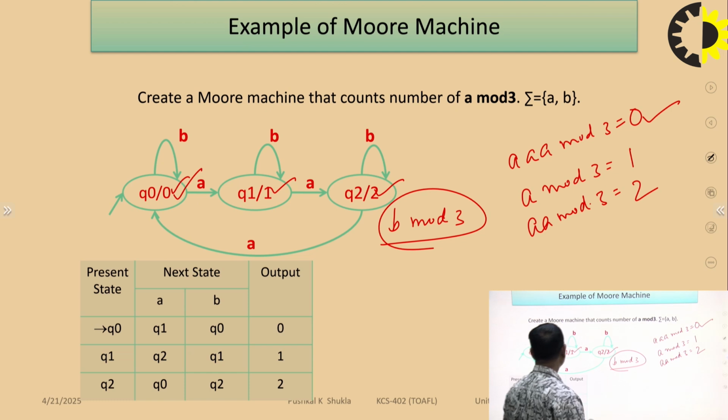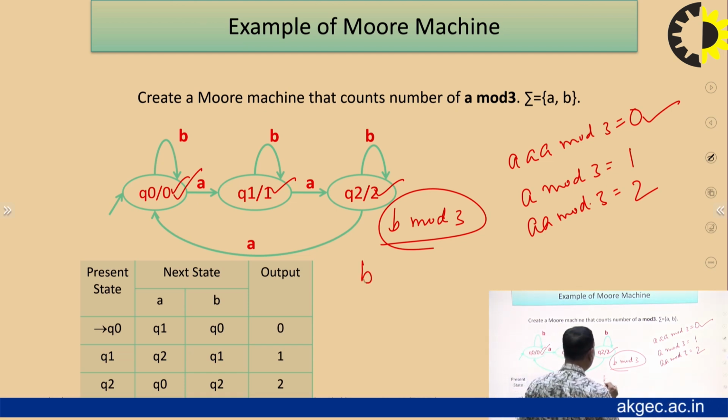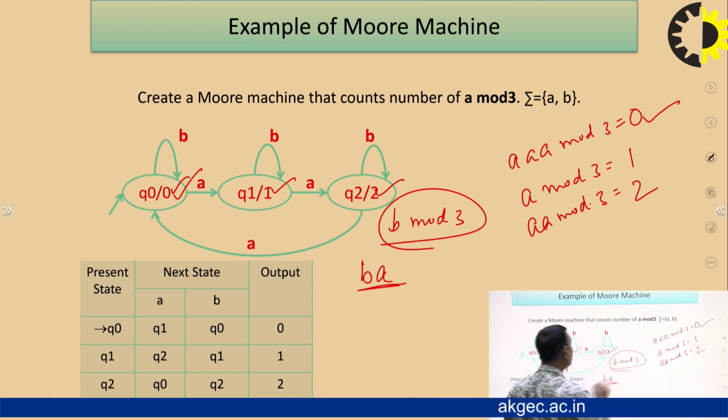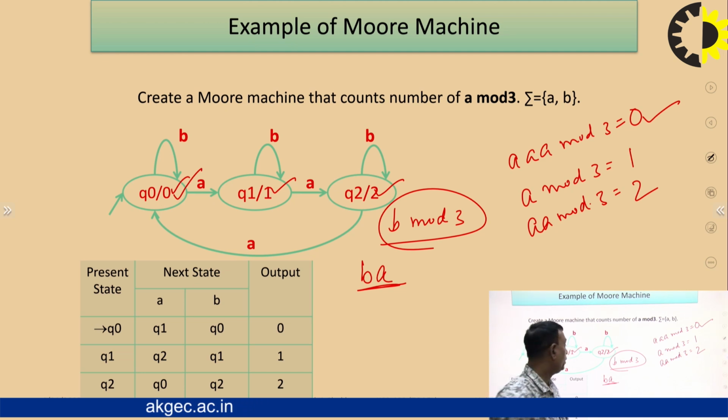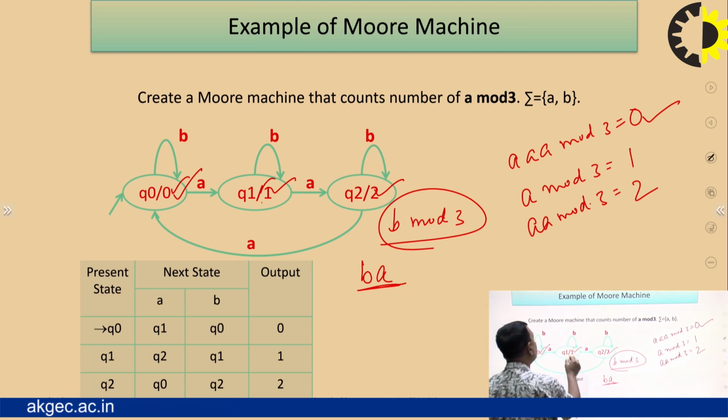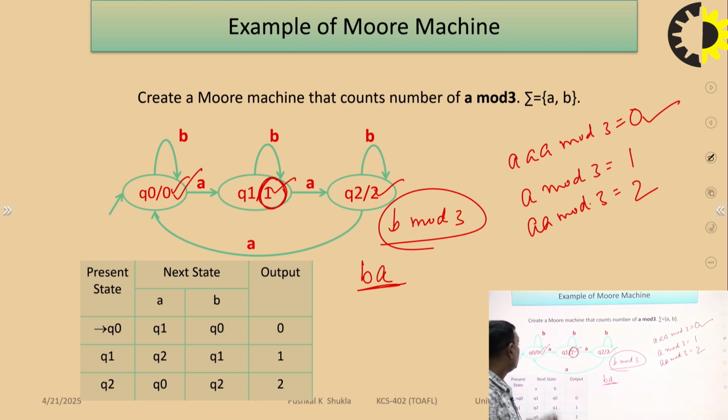Again we see reading BA. Suppose the string is BA, so the number of A here is 1 and 1 mod 3 will give you a remainder 1. So it will go to the state Q1 and output is associated with 1. So after reading A, it will give you output 1 and the state is going to change from Q0 to Q1.